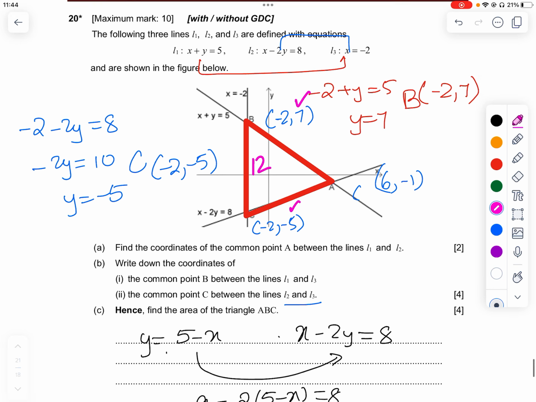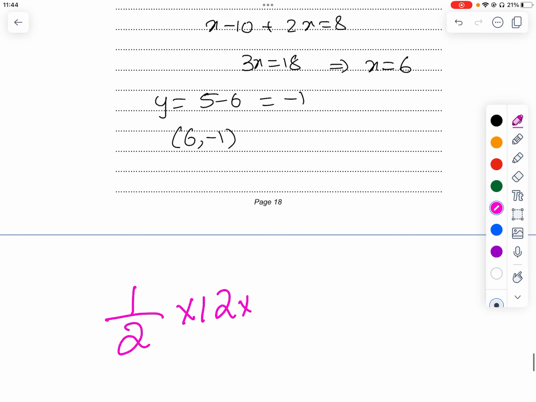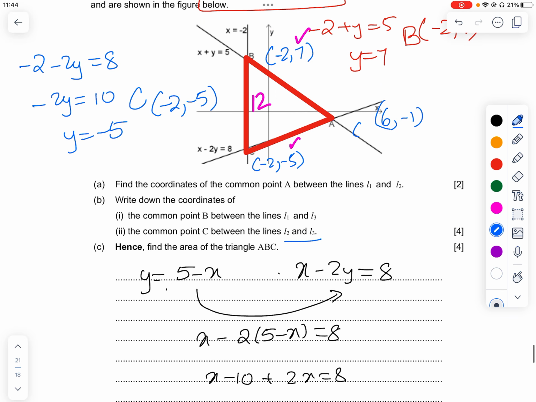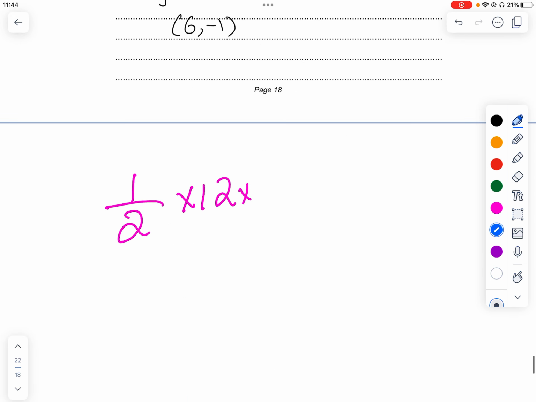So the base of the triangle is 12. Half times base 12. Height, what's going to be the height? It is from negative 2 till 6, which is 8 units. So height is 8, which is going to be nothing but what? 96 upon 2, which is 48. That's going to be the area of the triangle, half base times height.